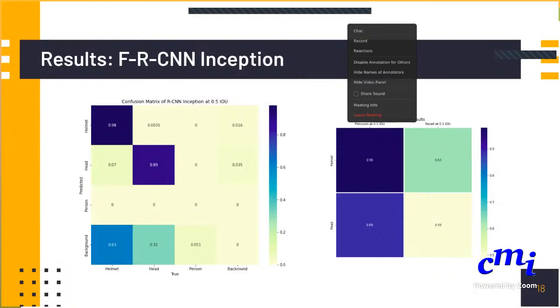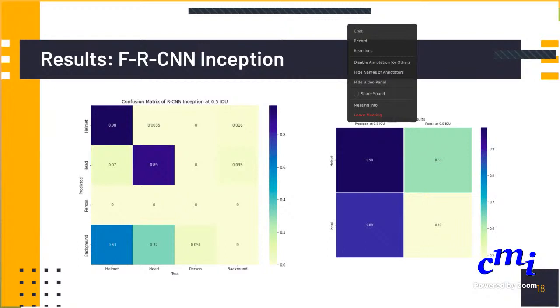The main reason is that the images in which the person is there are only about 100, and the way the person is annotated is quite weird. Sometimes only the hand is there, sometimes the leg, sometimes half the body is present. So it was quite difficult to predict those.